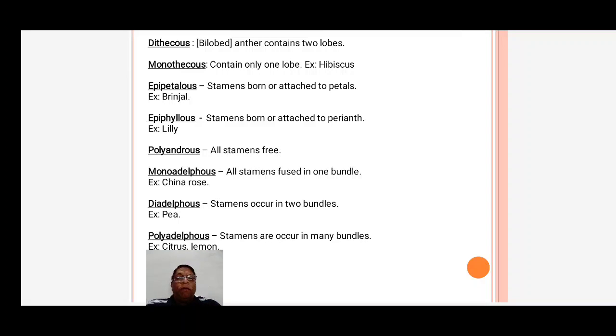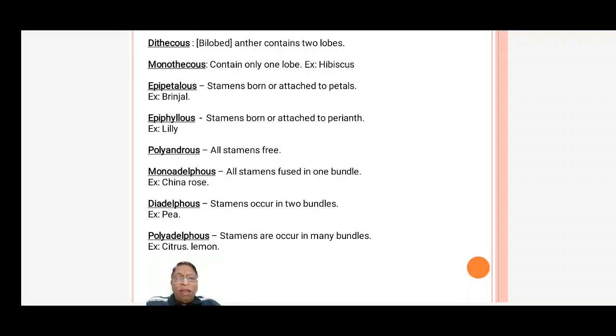Next term, polyadelphous. Sometimes the stamens are many and they occur in many bundles, not in one bundle or two bundles.